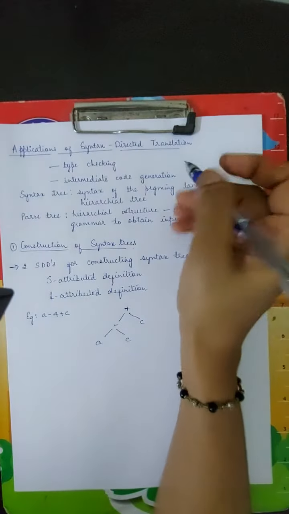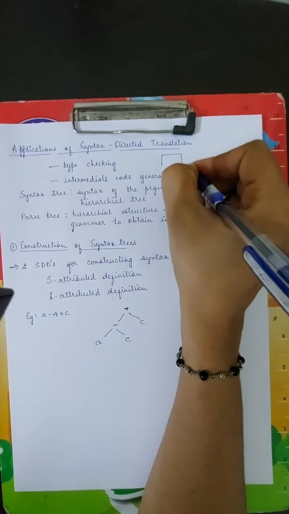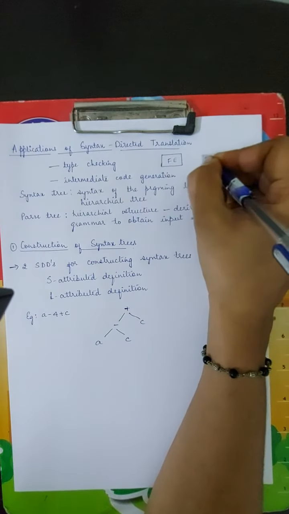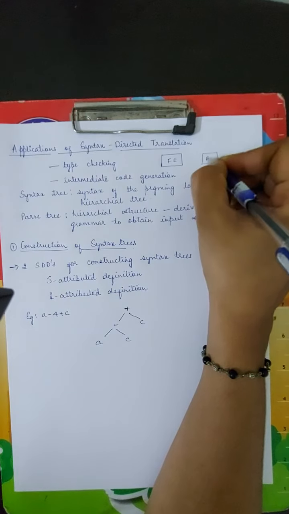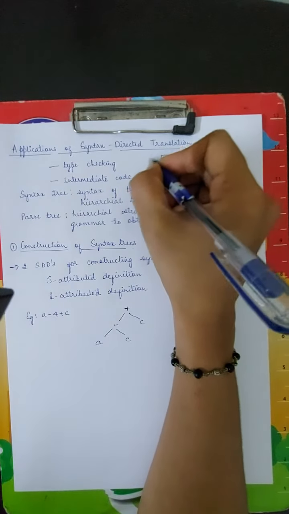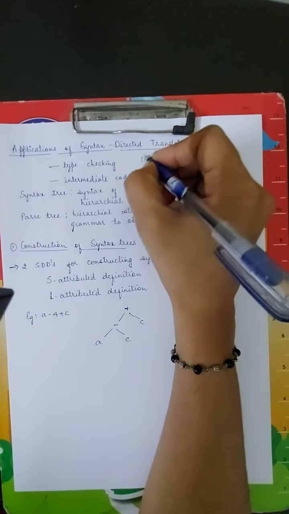As we know, the phases of compiler are divided into front end and back end. Alright, to the front end, the input that is given is the string or the programming language or a statement.